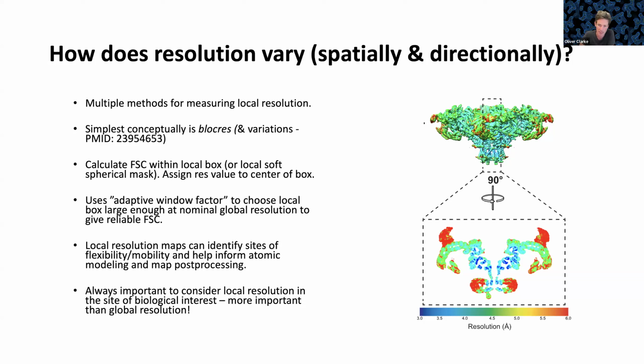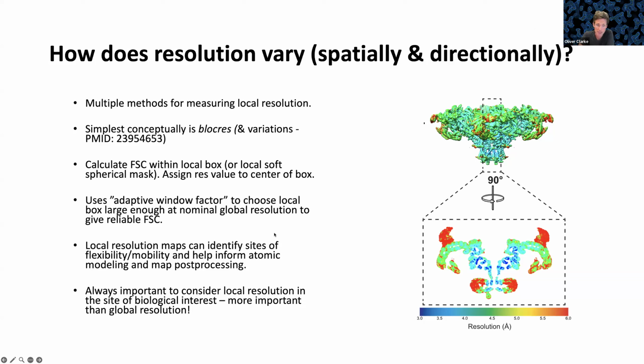So generally, the approach described in BLockRes is to use what's called an adaptive window factor, which basically means you take your global resolution, multiply it by some fudge factor, usually around 6, and use that as the box size to choose for local calculation of FSCs.